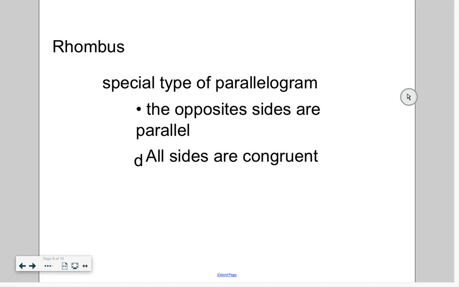The second point, or the third point, I'm sorry guys, third point, the diagonals are perpendicular. And I'm going to show you what this looks like in a second, but make sure that you get this written down.